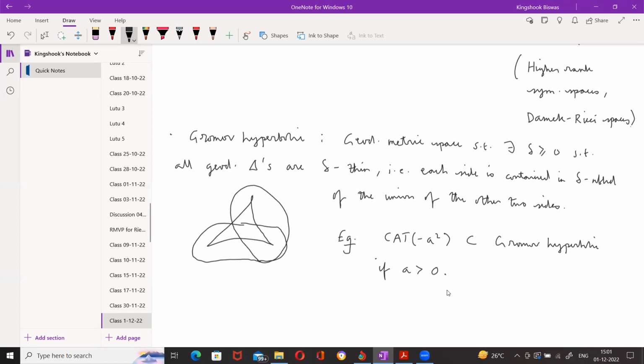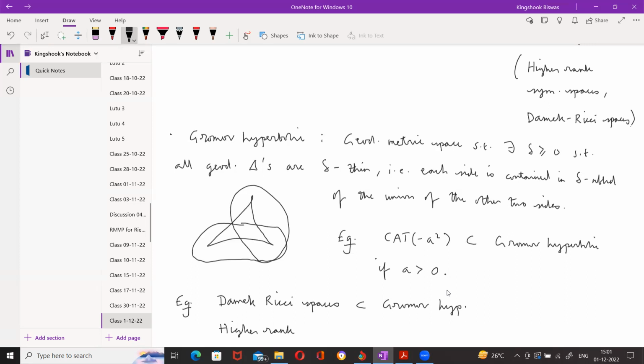So for example, the Dimitrici spaces, these are non-positively curved, we've already stated here. These are Gromov hyperbolic. Okay, but higher rank symmetric spaces, these are not Gromov hyperbolic.